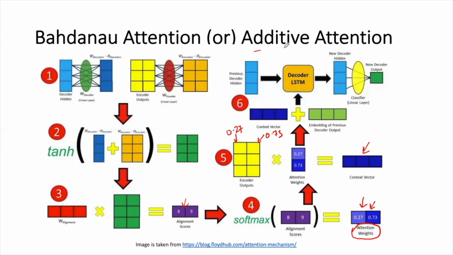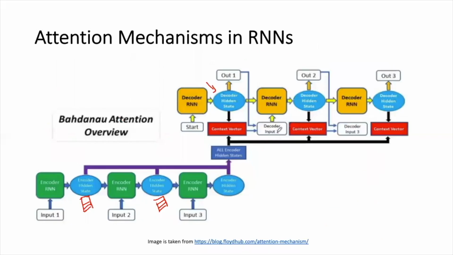So once we have this context vector, we add it onto the embedding. If we look at sequence to sequence models, we don't have this context vector. We just pass on the vector representation of the previous word as an input to the next timestamp.